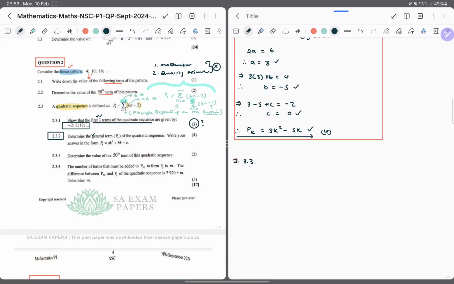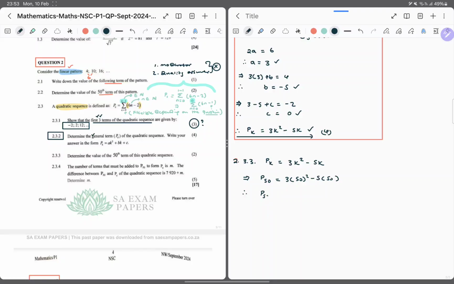2.3.3. We need the 50th term, so we know that P_k is 3k squared minus 5k. So this implies that P_50 is going to be 3 into 50 squared minus 5 into 50.